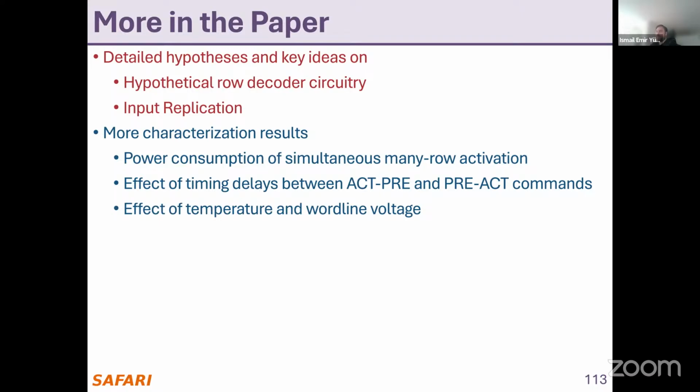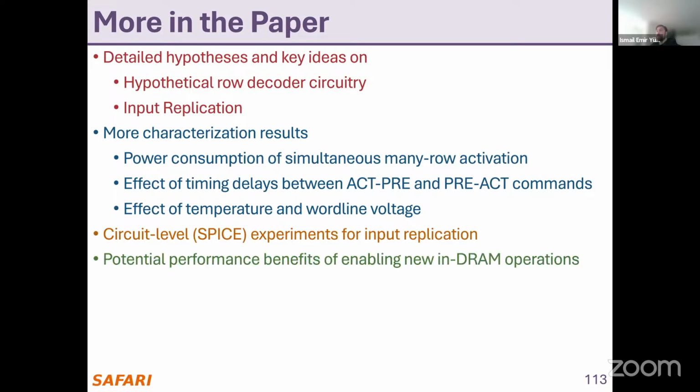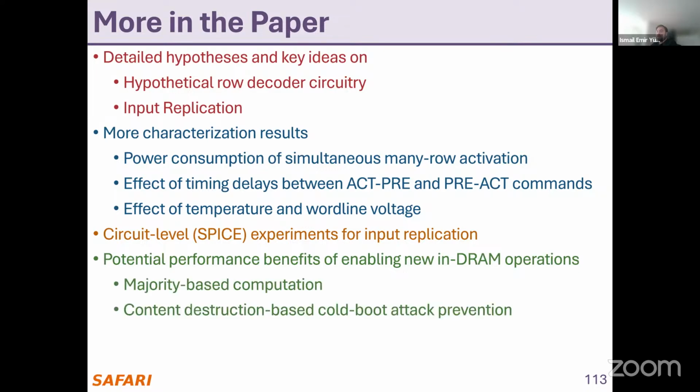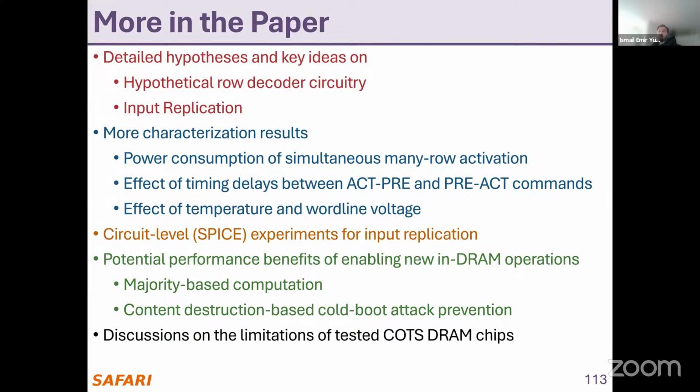And we also conduct circuit level experiments for input replication. We also discuss the potential performance benefits of enabling new in-DRAM operations by using majority-based computation and content destruction-based cold boot attack prevention scenarios. And again, we discuss the limitations that we faced when we tested off-the-shelf DRAM chips.